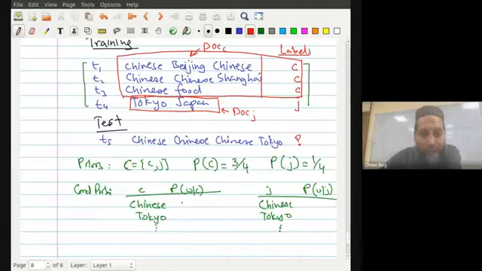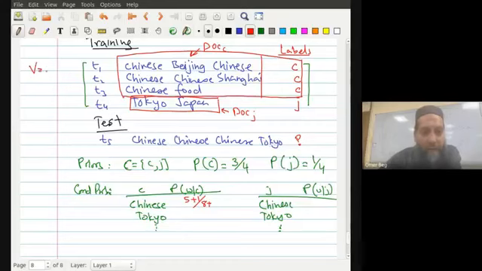Now, the probability of Chinese in this document would be the count of times the word Chinese appears here: 1, 2, 3, 4, 1, 2, 3, 4, 5, plus 1 for smoothing, and divided by the total number of words that appear in doc C: 1, 2, 3, 4, 5, 6, 7, 8. 8 plus the size of the vocabulary.